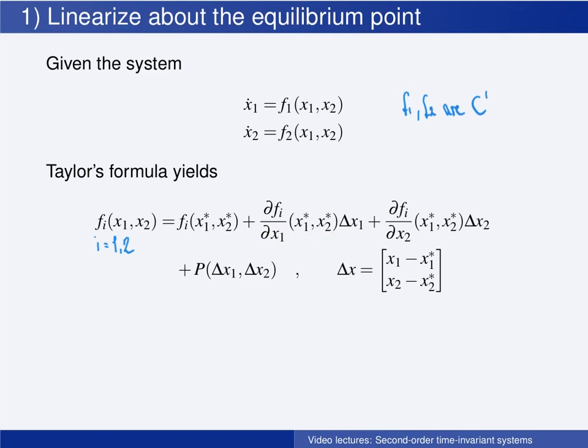evaluated in the equilibrium point and multiplied with delta x1, where delta x1 is the difference between x1 and the value that it has in the equilibrium point, x1 star, plus the first order derivative with respect to x2, evaluated again in the equilibrium point, times delta x2, where delta x2 is the difference between x2 and the value that x2 has in the equilibrium point, x2 star, plus higher order terms of delta x1 and delta x2.